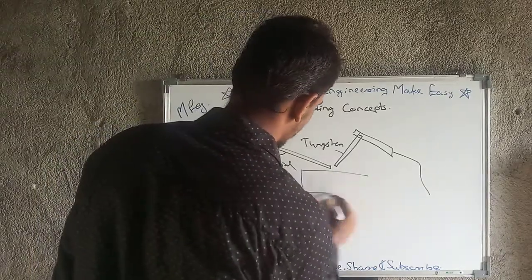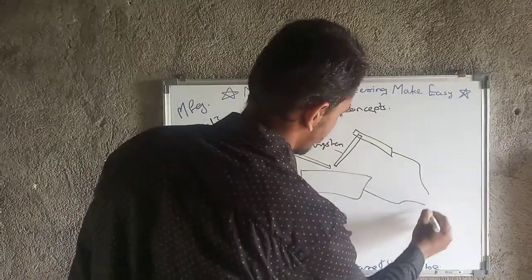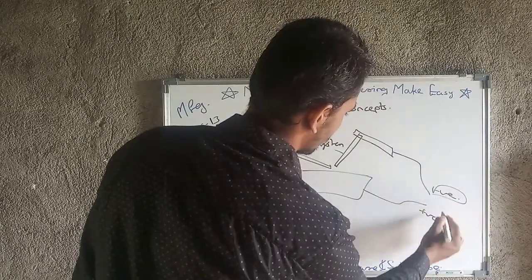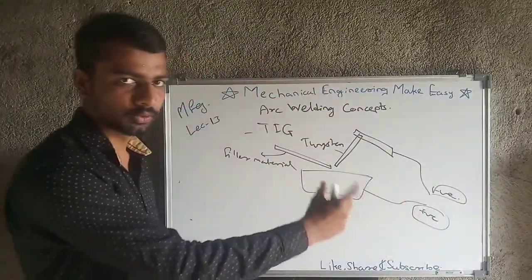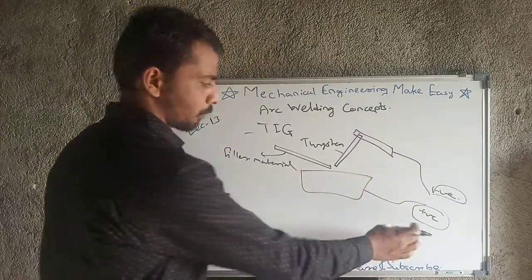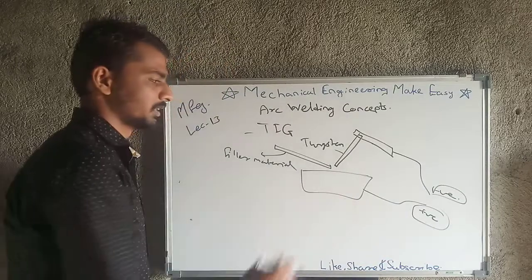This is the workpiece. The workpiece will be given positive supply, the electrode will be given negative supply. This is universal for every arc welding. Negative supply will be given to the electrode and positive supply to the workpiece.